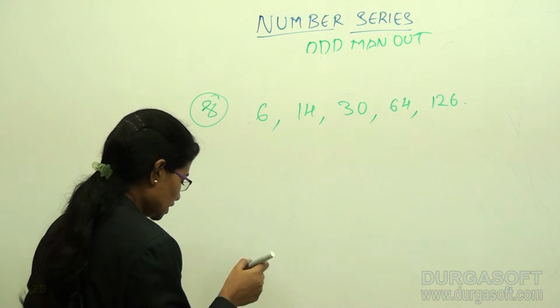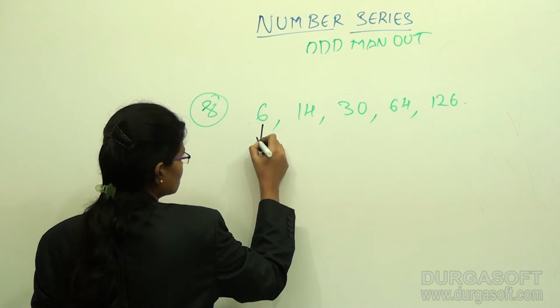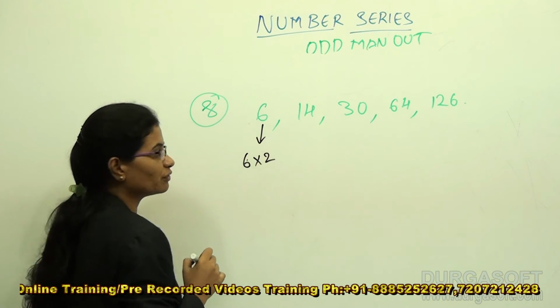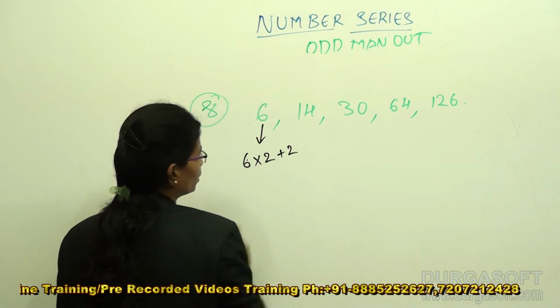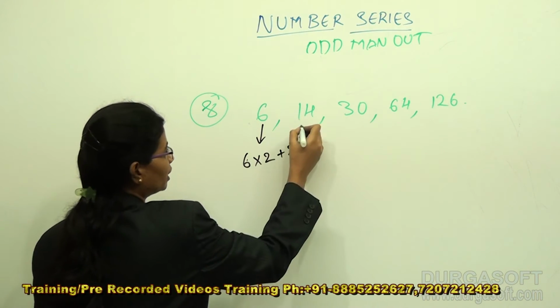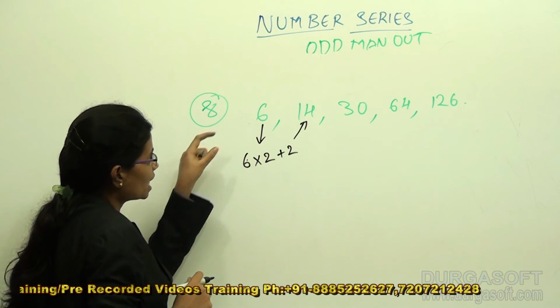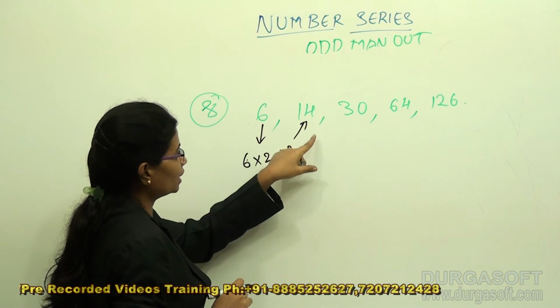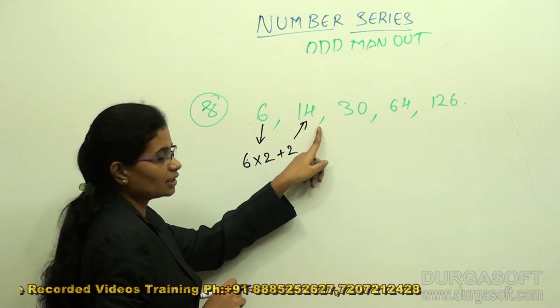So if you assume this 6 as 6 into 2, it is giving me 12, plus 2, I am getting 14. That means I am multiplying this number with 2 and adding 2. Then I have to get this number.